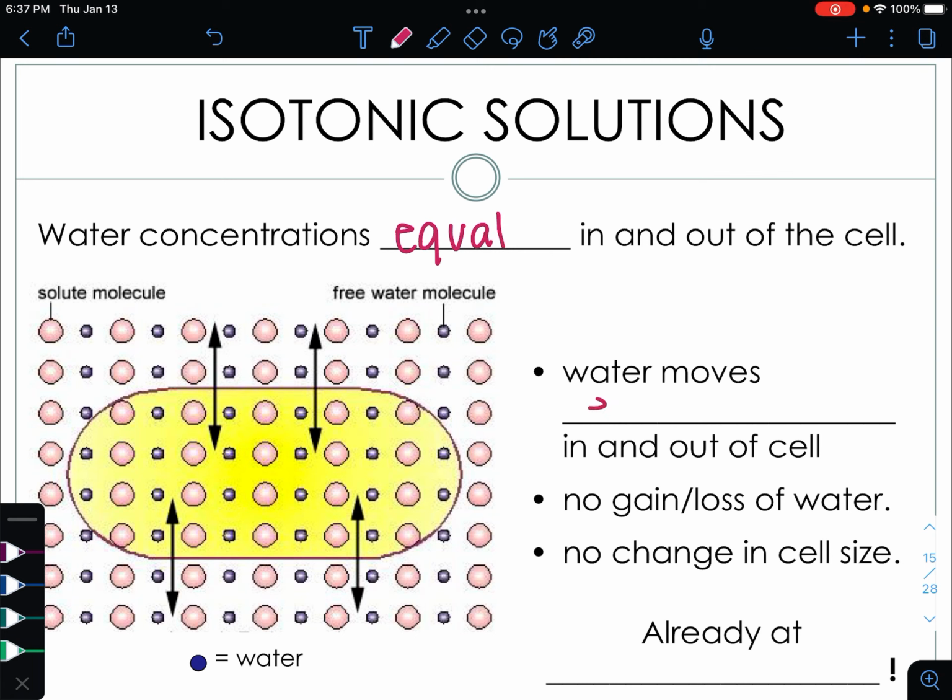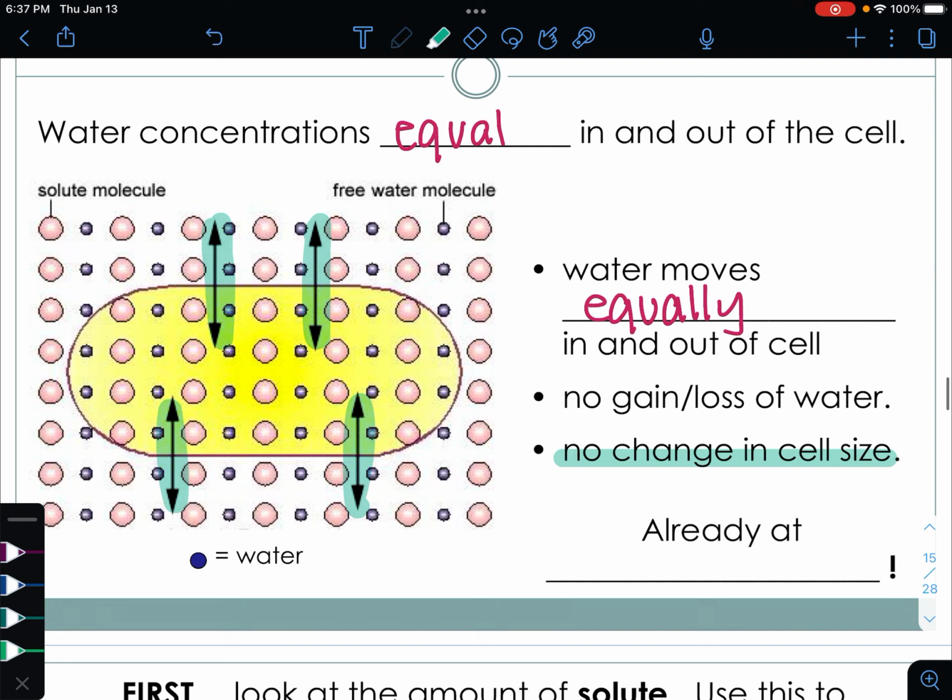Water is going to move equally in and out of the cell, and the way that we can show this is, if we can see in this picture, there are double-sided arrows. This is going to show water movement equally into and out of the cell. There's overall no gain or loss in water, no change in cell size, and remember, these kinds of solutions are already at equilibrium.